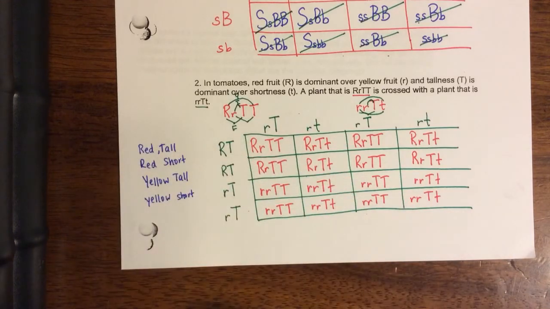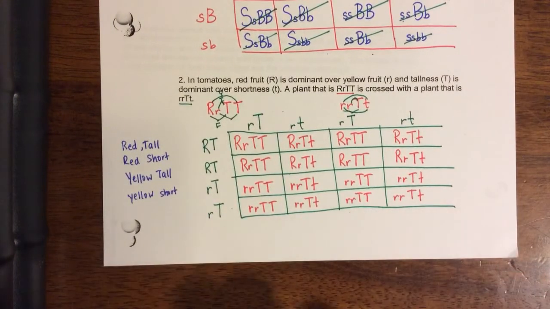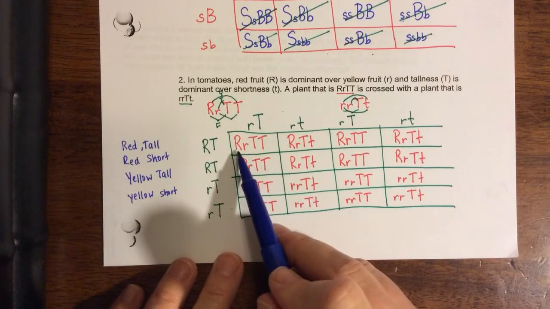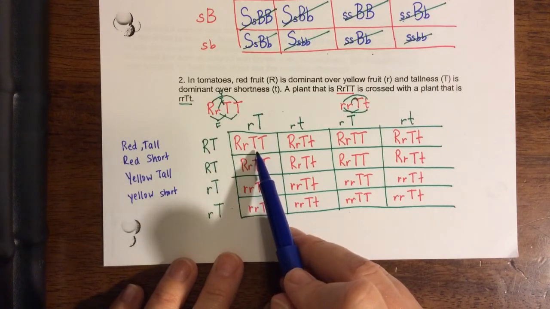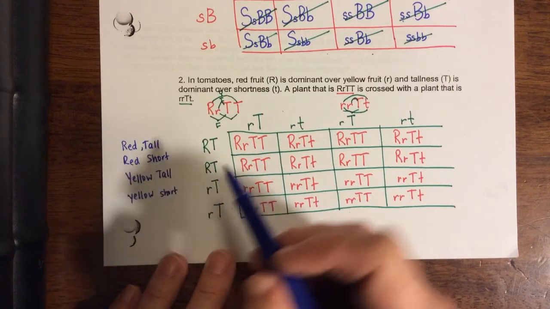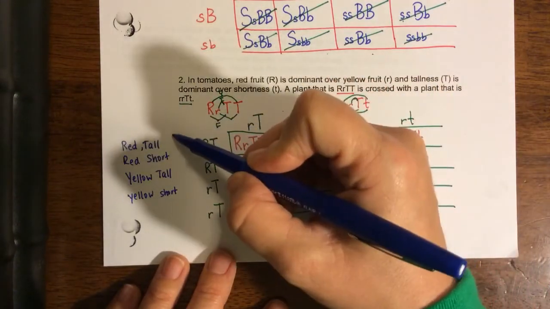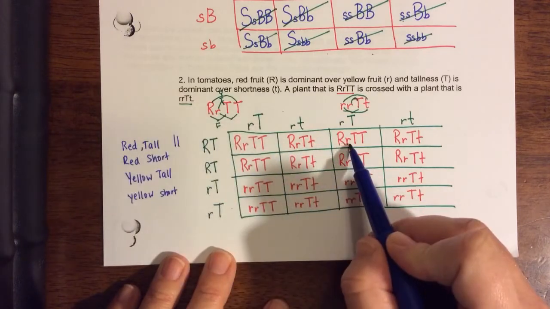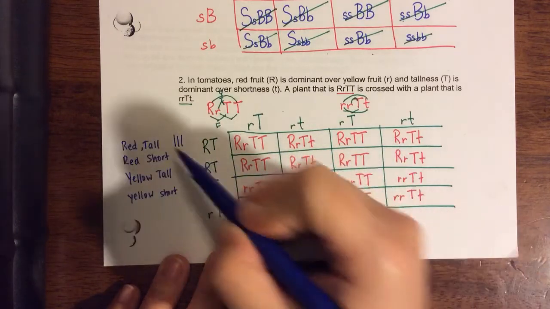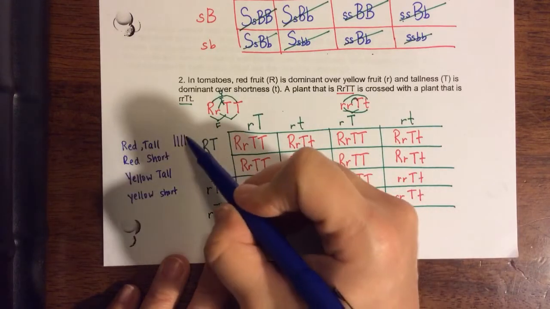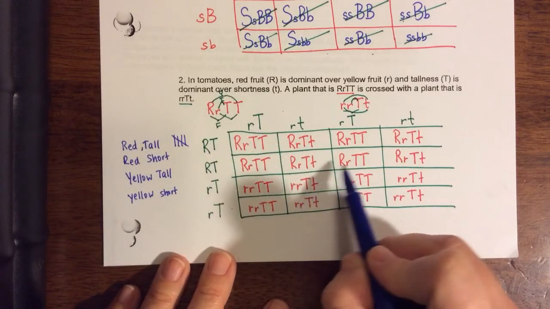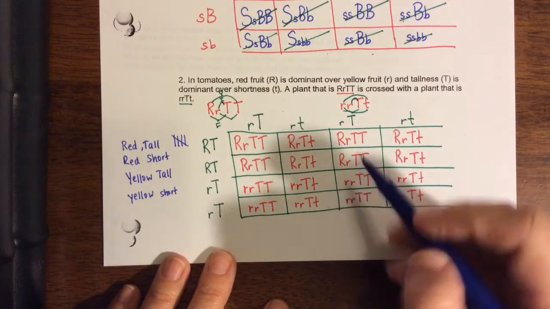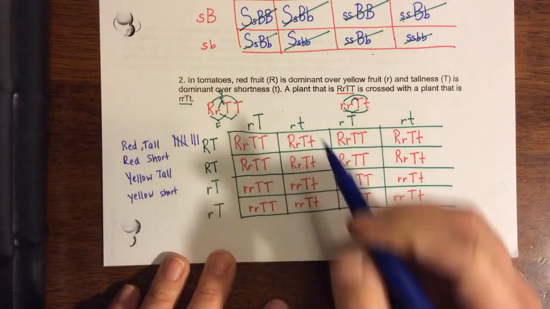Then let's count it up and see what we got. This one is dominant and recessive, so we are going to be red and tall. This one is red and tall, red and tall, red and tall, red and tall there, red and tall, red and tall, red and tall. So that was a total of 8.